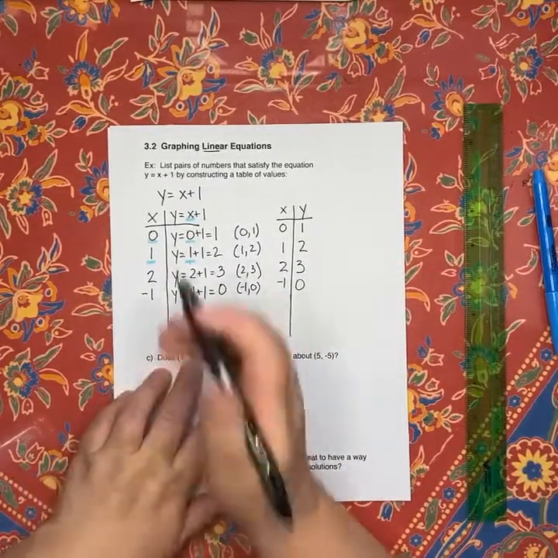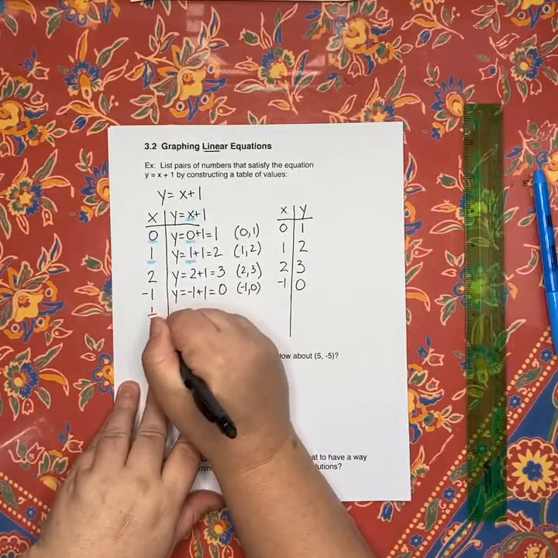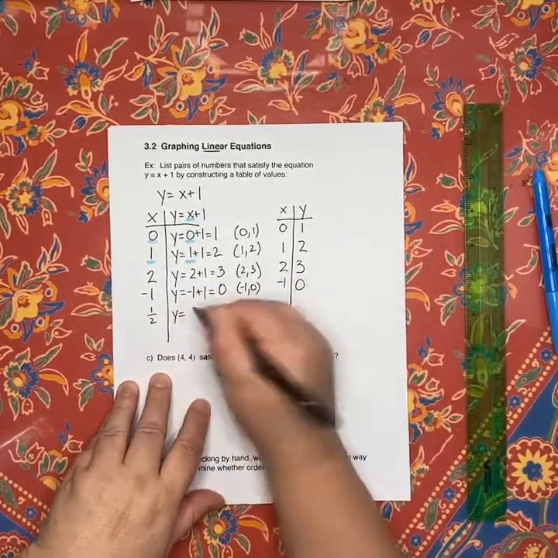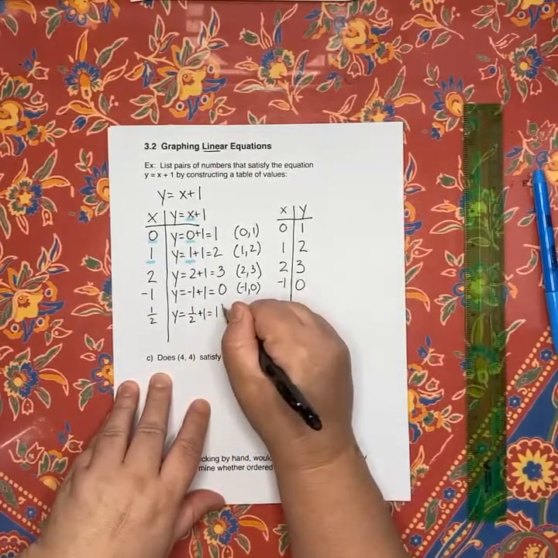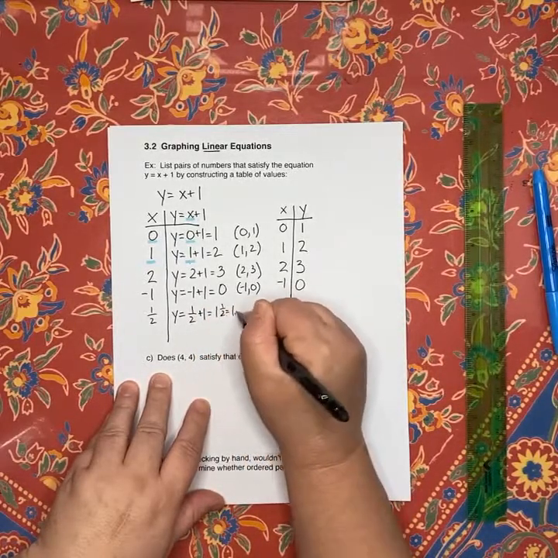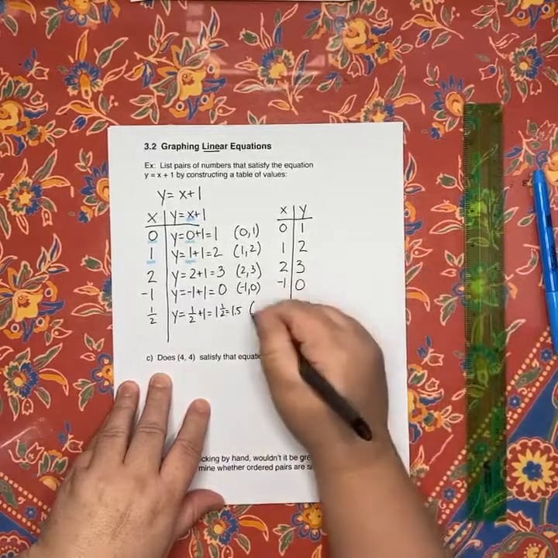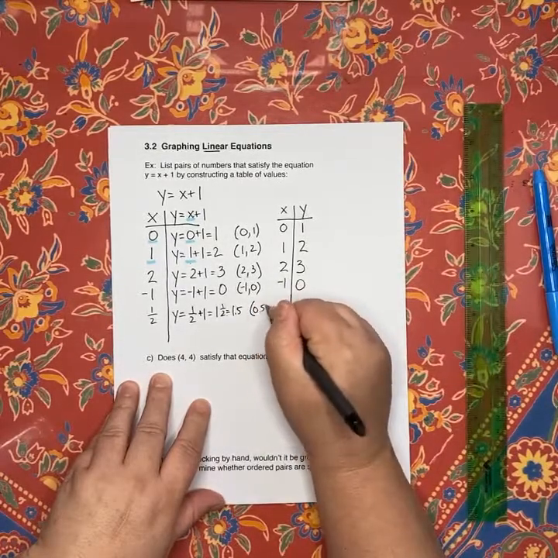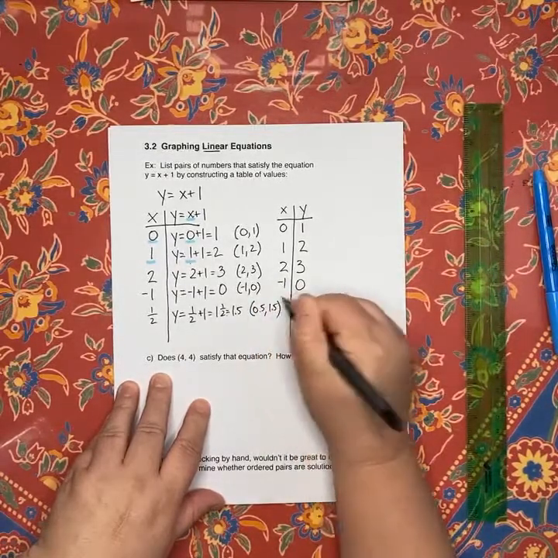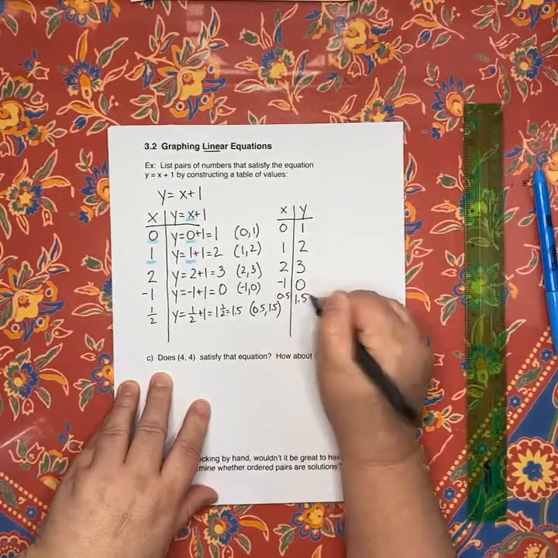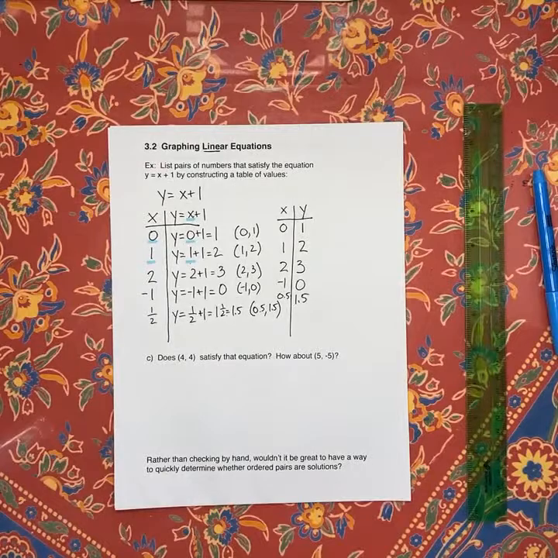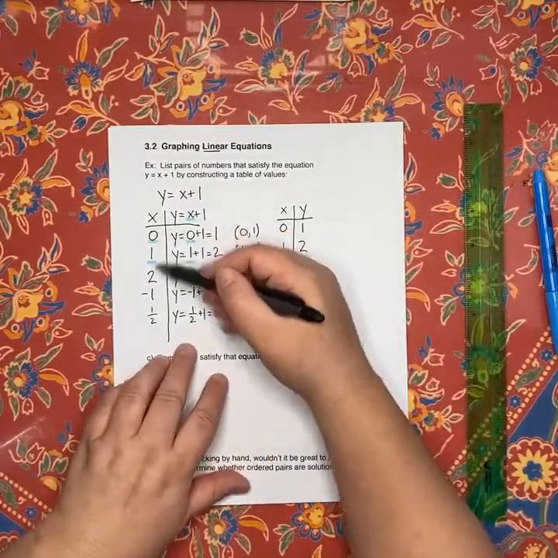And then I could try 1/2. 1/2 plus 1 is 1.5. So I could switch to decimals and do 0.5, 1.5. Oh no, I've run out of room. 0.5, 1.5.